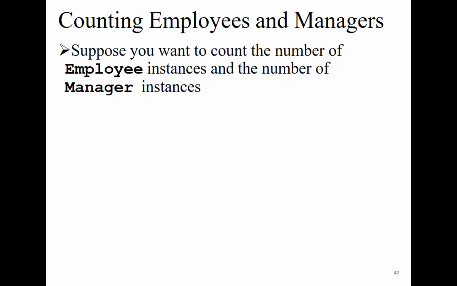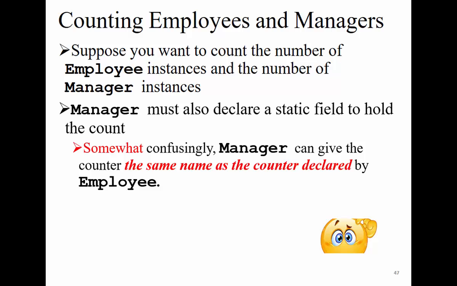If you would like to count the employees and the managers separately, maybe you decide to create 2 separate static fields. So we can have numberCreated inside Manager and numberCreated inside Employee. Both have the same name. Does it work? Yes, it works, no problem.